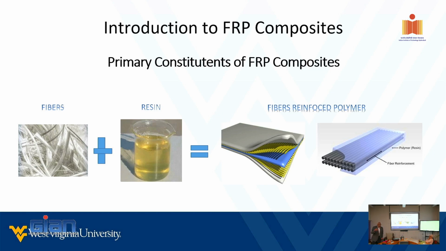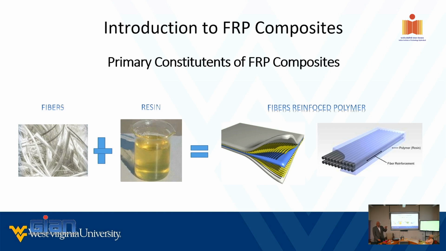As I said, all these constitute less than 3% by weight. Please note that. I keep talking about 60% by volume of fiber in a composite, or maybe 58% to 62%.